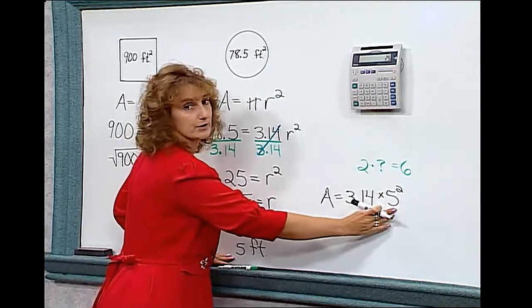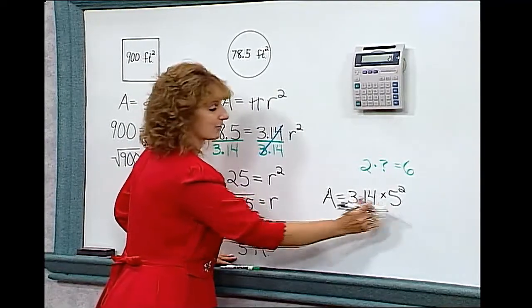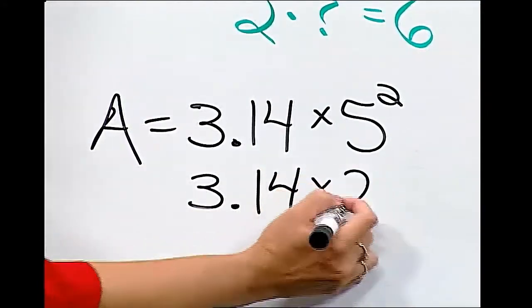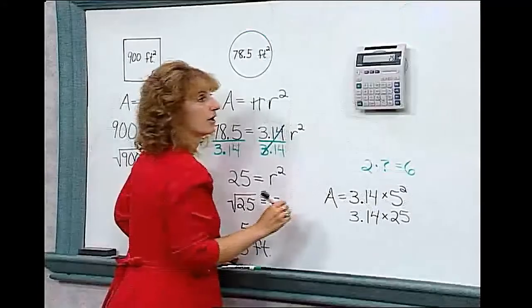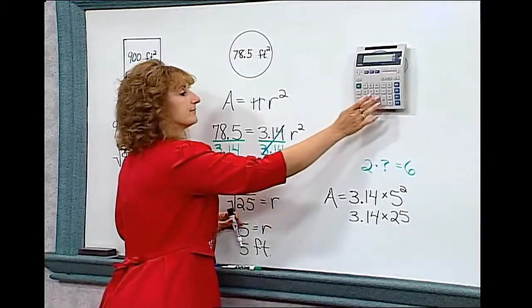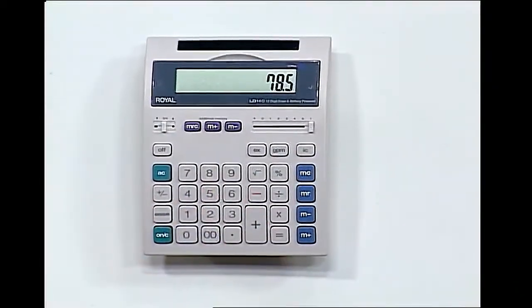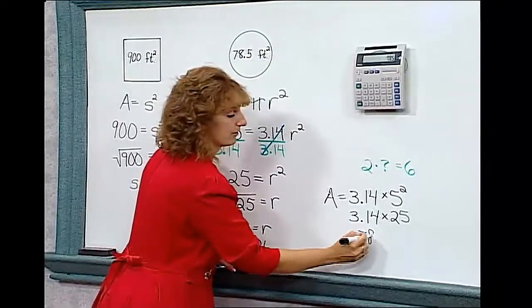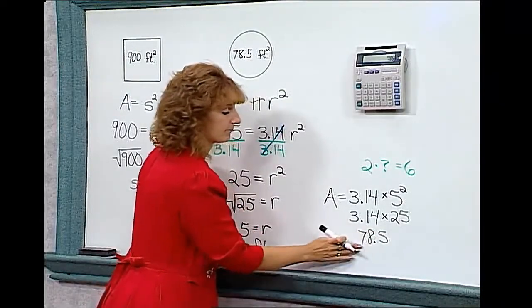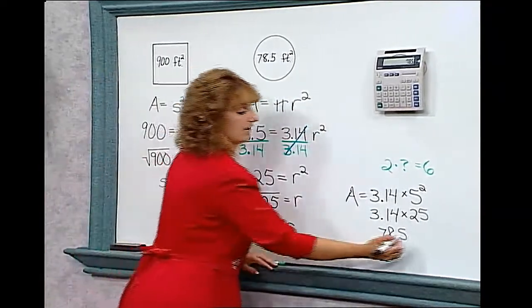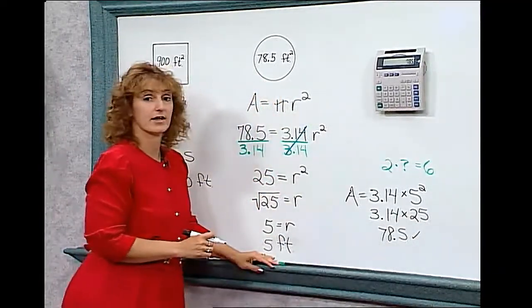We know, because we have it memorized, that 5 squared is 25. 3.14 times 25. Going to my calculator, 3.14 times 25 gives me 78.5. And if I compare that with my original area, I can see I've checked my work and I have the right answer.